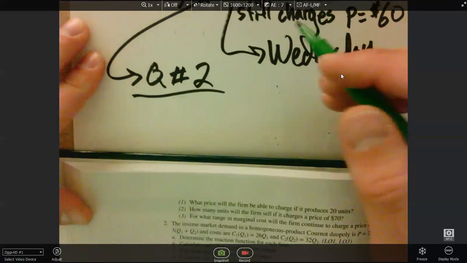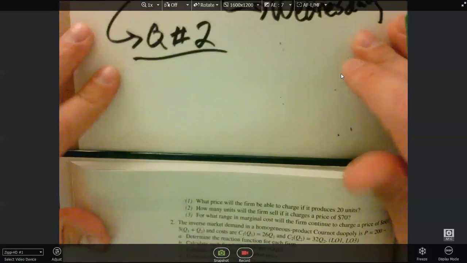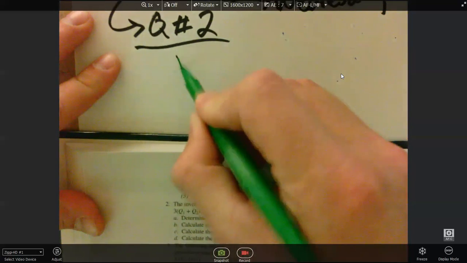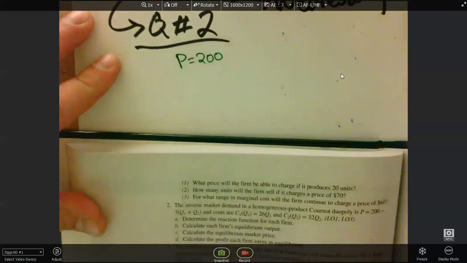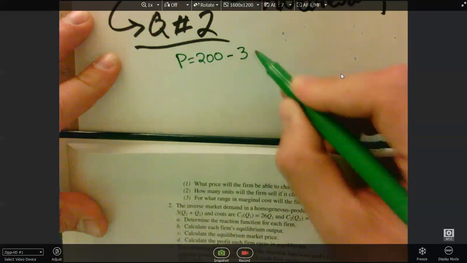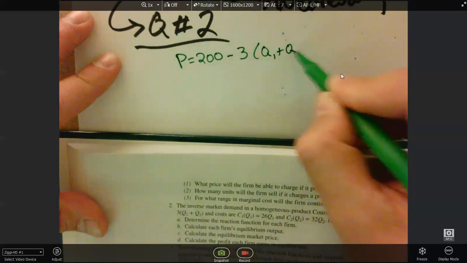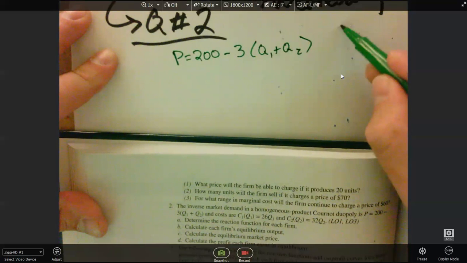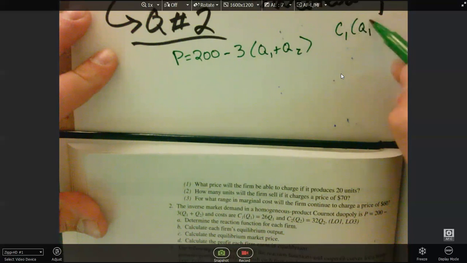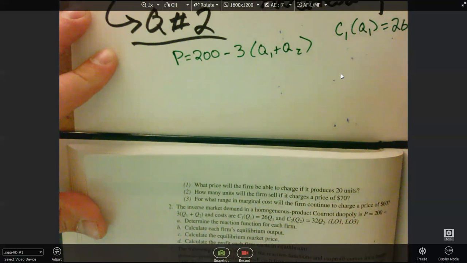So we've got a Cournot duopoly with price equal to 200 minus 3 times Q1 plus Q2. Cost for firm 1 is 26 Q1.